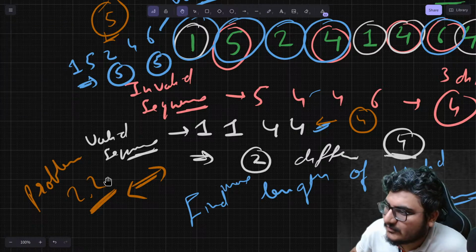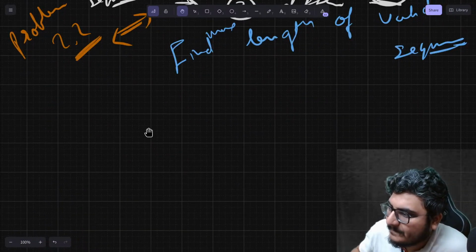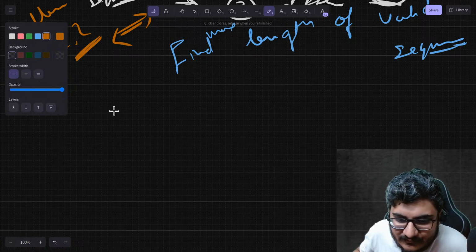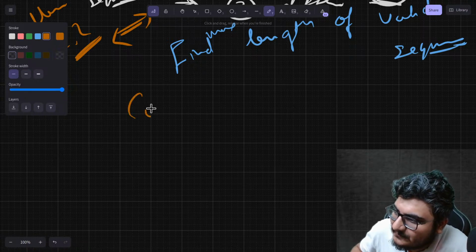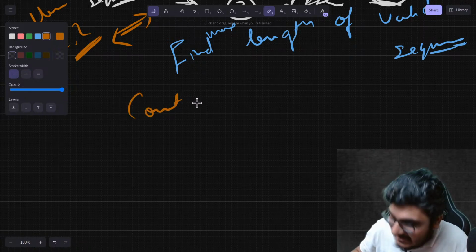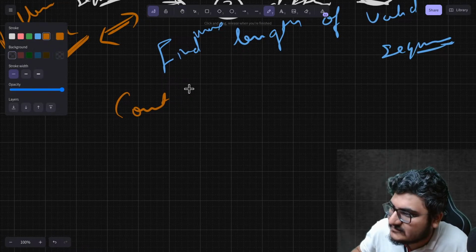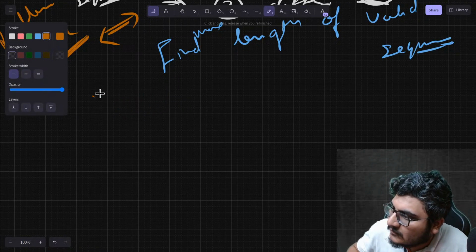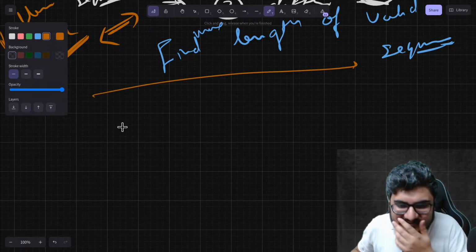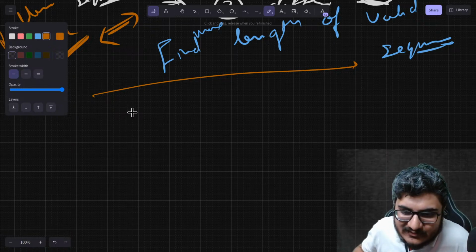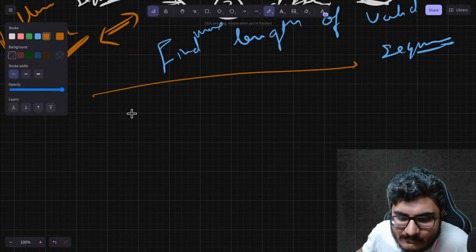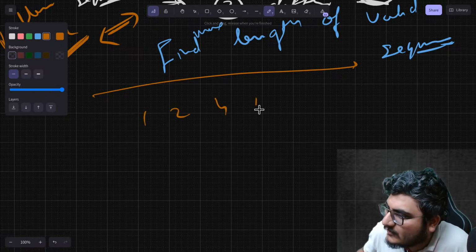Okay, yeah. So now I will move on to the solution. My idea is that, first of all, only the count of elements matters. I don't really care what elements are given in the sequence. For example, 1, 2, 4, 1, 2, 4, 1, 4, 4.